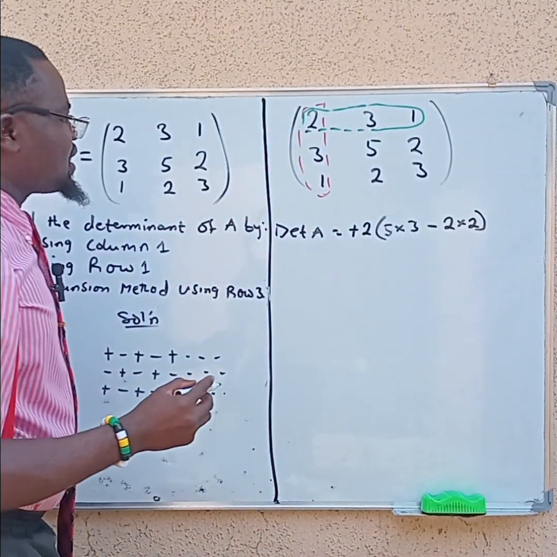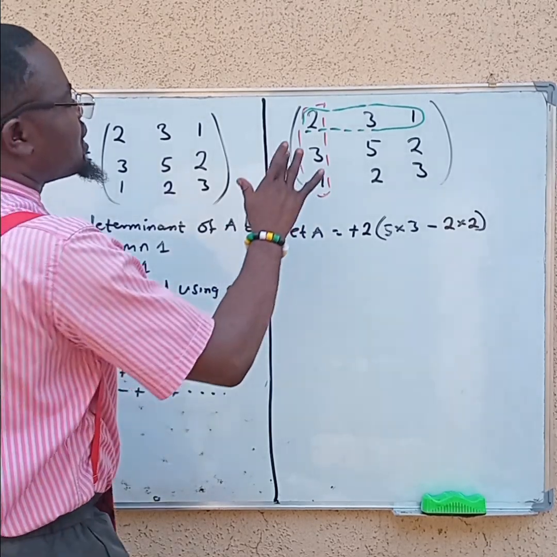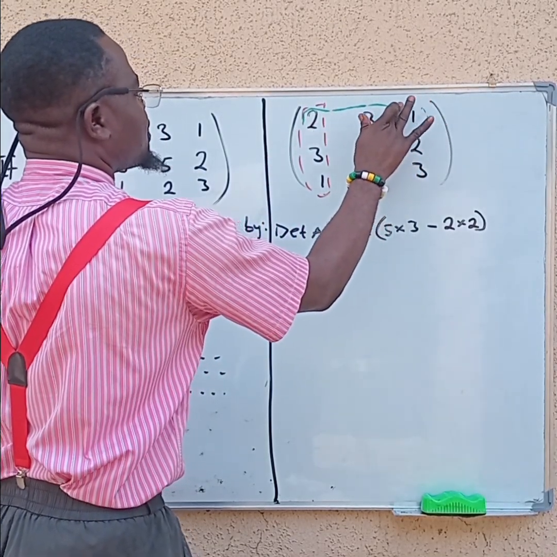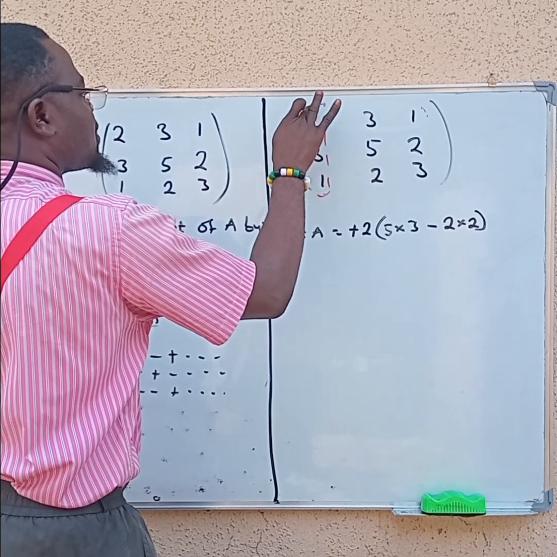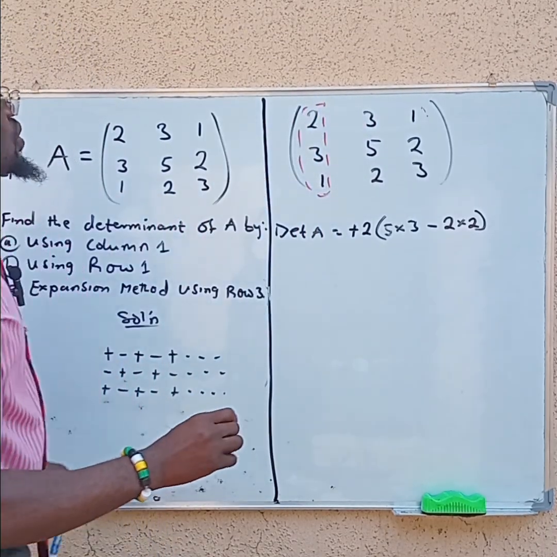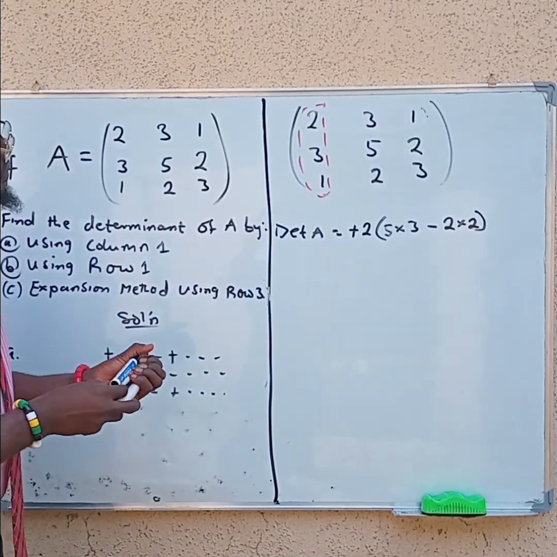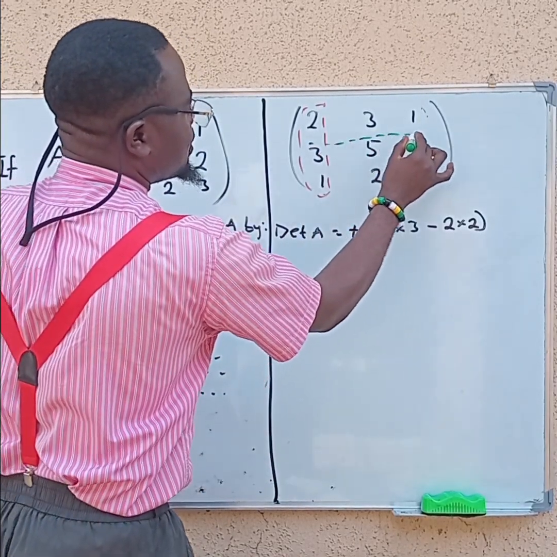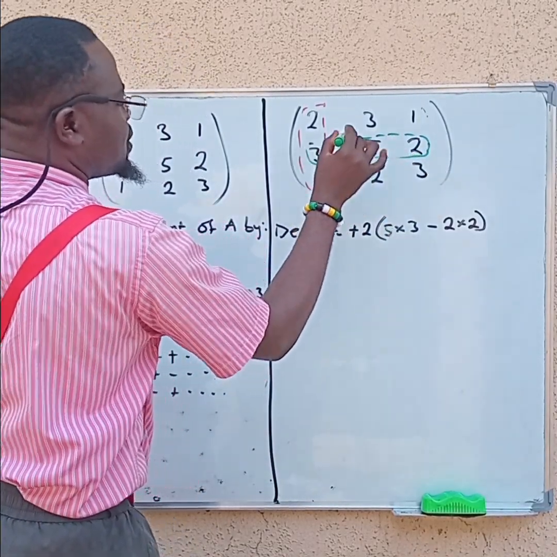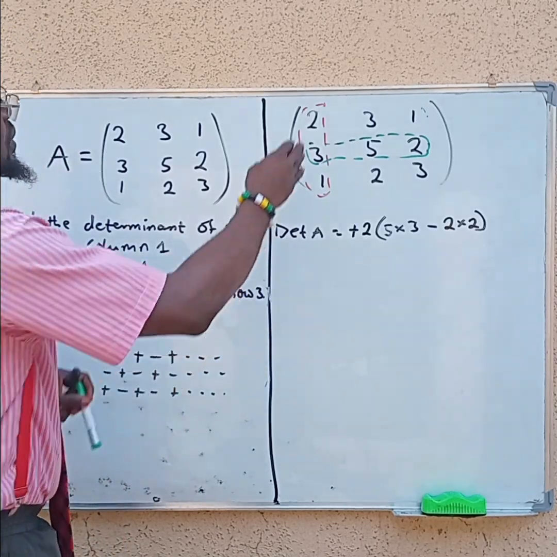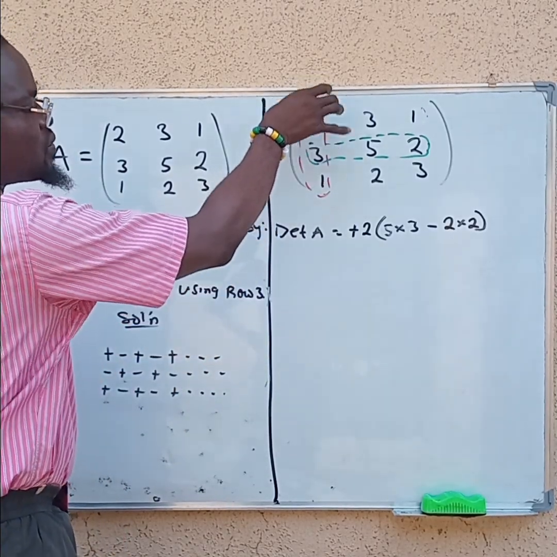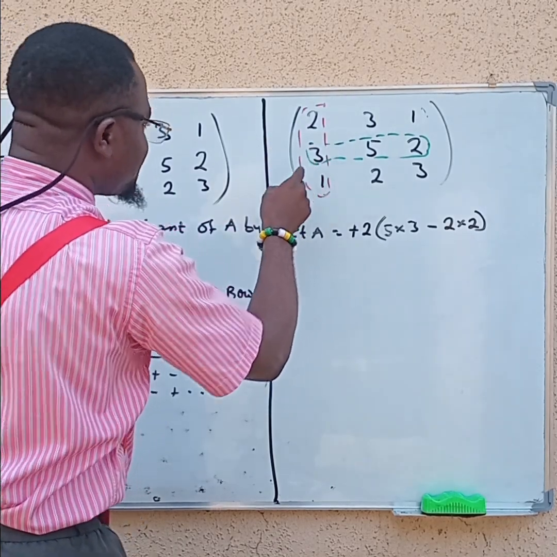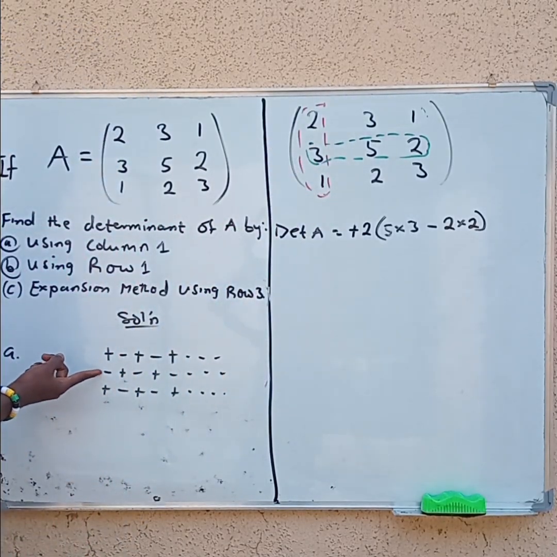Good. I'm done with 2, so I now go to the 3. You close everything that has to do with 3. We're using column 1, that's why we put this red marker here. The place sign of 3 is minus.